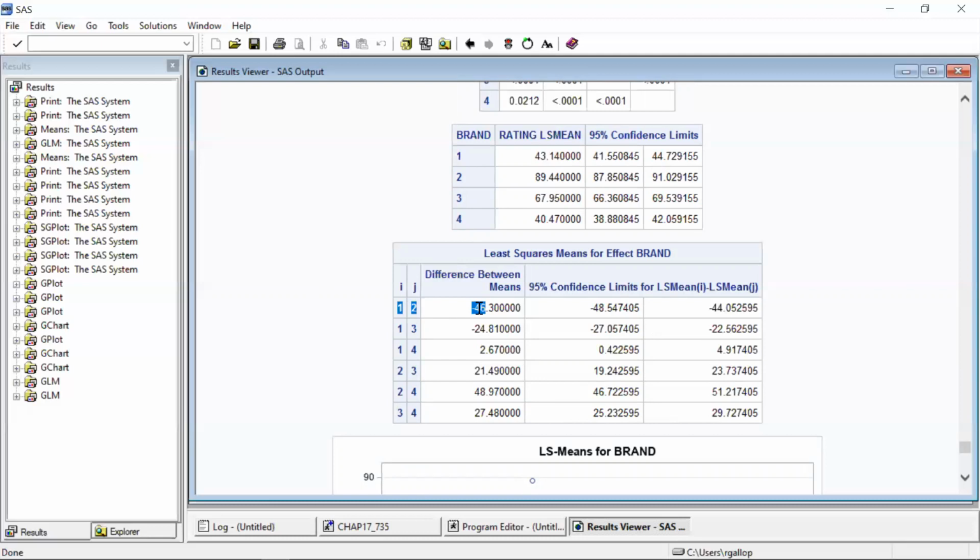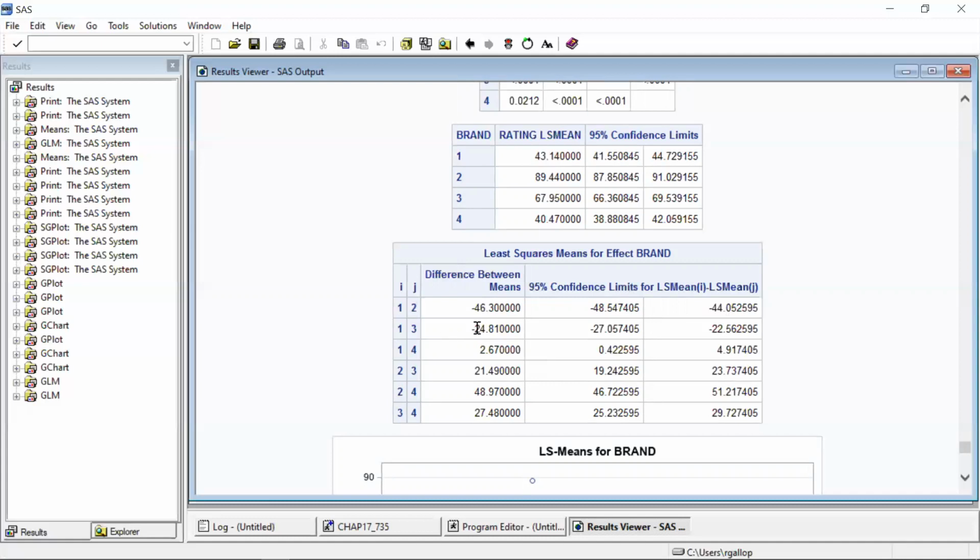So level 1 is 46.3 units on average below level 2. And we're 95% confident the true on average difference between level 1 and level 2 corresponds to level 1 being 48.55 to 44.05 units below level 2 with respect to average rating.